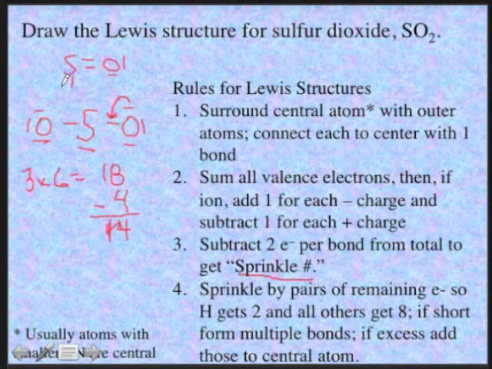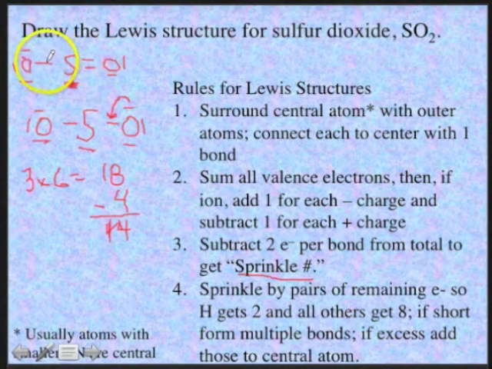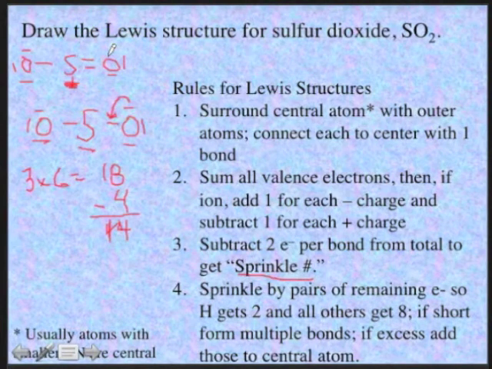This oxygen also has its 8 electrons. Now you can see that every atom is obeying the octet rule. This oxygen has 8. The sulfur now has 8. 2, 4, 6, 8. And this oxygen has 8. So that is the Lewis structure for sulfur dioxide.